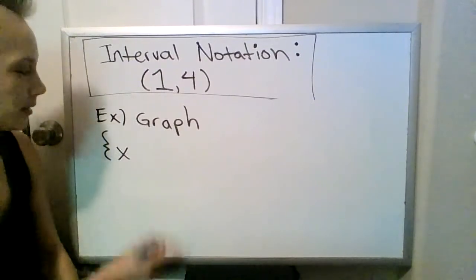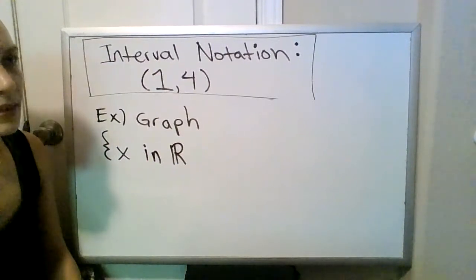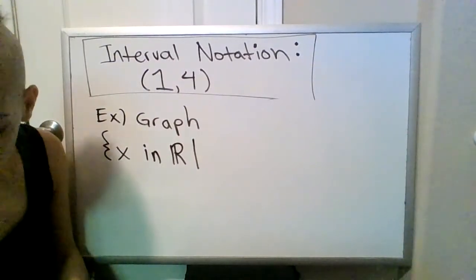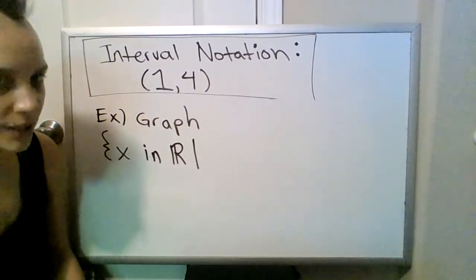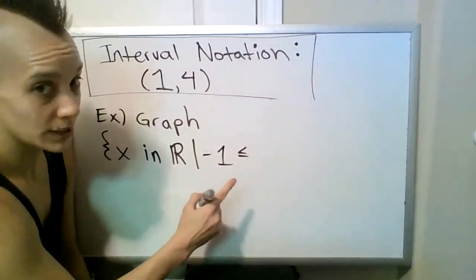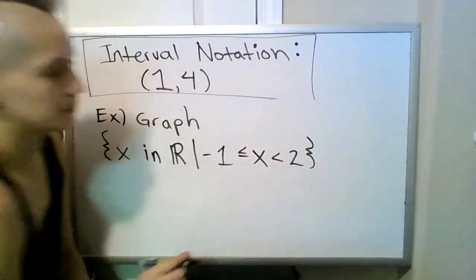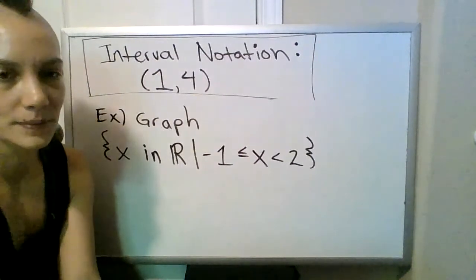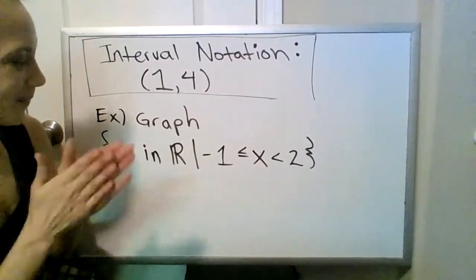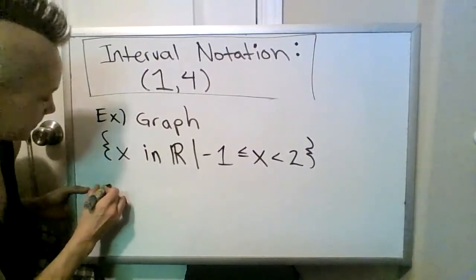And it's a real number such that -1 is less than or equal to x, which is less than or equal to 2. Actually, let's just do strictly less than 2. And write the set in interval notation.